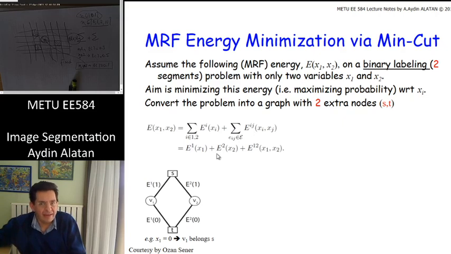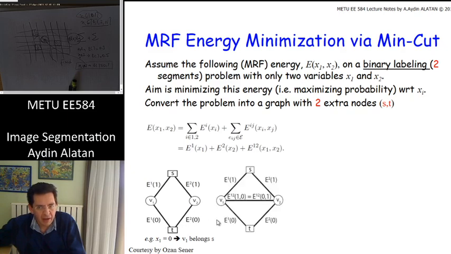And if both of my pixels belong to the foreground, for example, I'm going to write their cost to here and here. If they belong to background, foreground, it will be written here to here. And I'm going to have all possibilities written in the edges of this extended graph with 2 extra nodes. Okay, repeating once again, 2 pixels, 2 extra nodes.